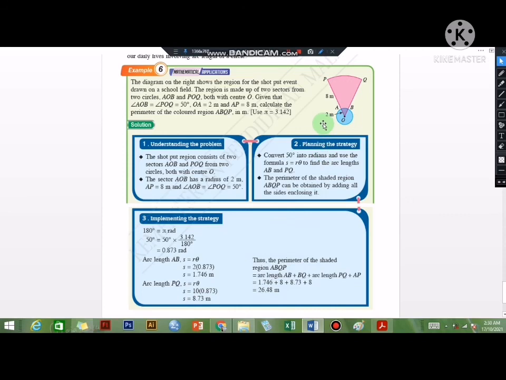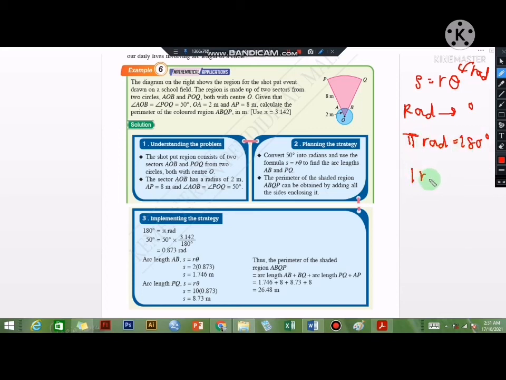In this chapter, the very important thing is you need to convert from degrees to radians, because S is equal to R theta, and theta must be in radians. If you want to convert from radians to degrees, remember that pi radians is equal to 180 degrees.